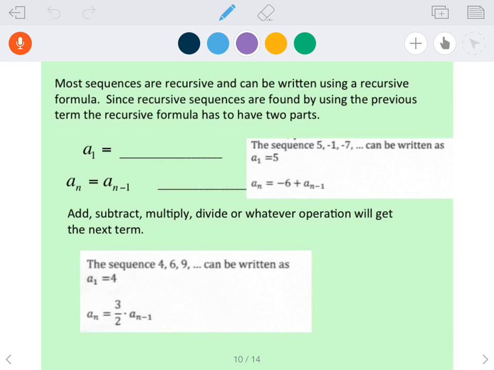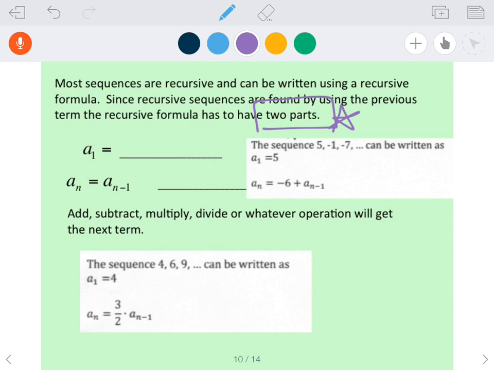Since recursive sequences are found by using the previous term, the recursive formula has to have 2 parts. It's very important that you know, and I would box that in, that there are 2 parts.